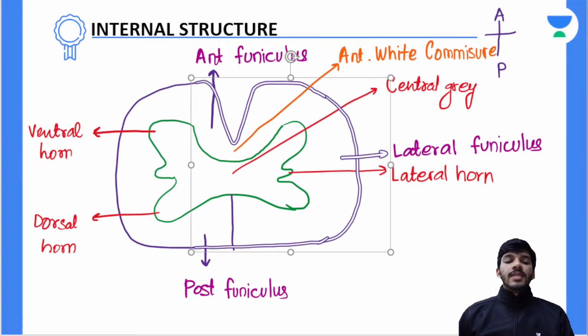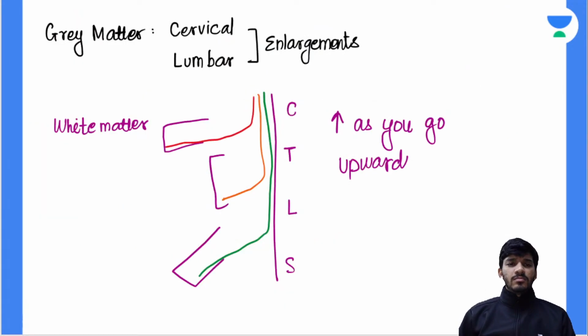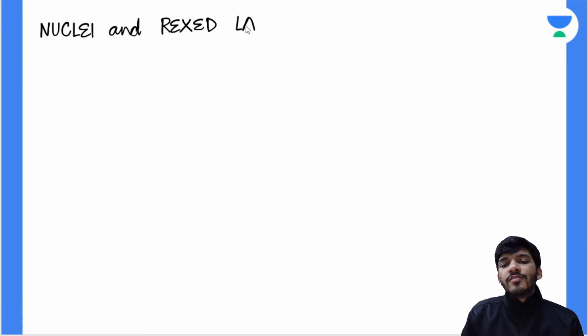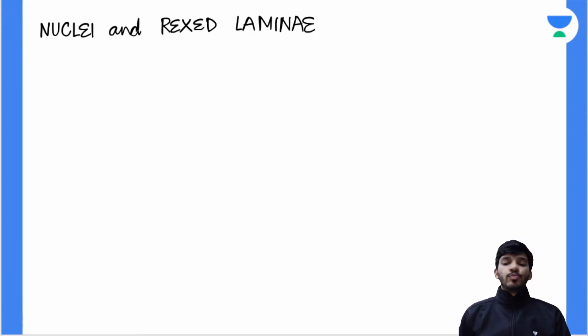So let's come to this concept of nuclei and Rexed laminae. It's a very interesting concept, but unfortunately it's made very difficult by textbooks because they expect you to remember a lot of stuff.